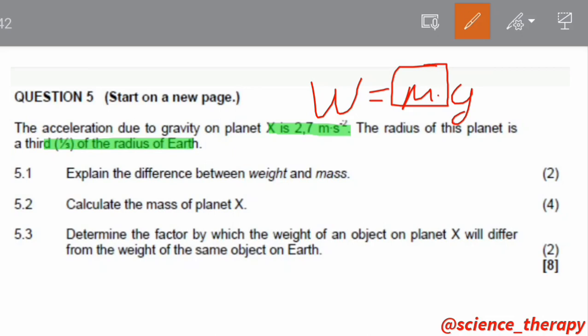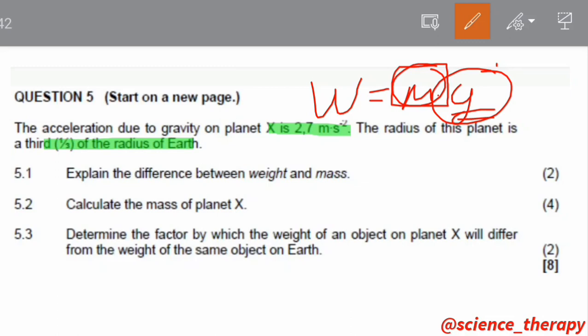The mass is always constant, but the weight is not the same because the weight has to correspond to the gravitational acceleration. Now we want to check by what factor they will differ, so what we are trying to compare here is the gravitational acceleration of these planets, right?